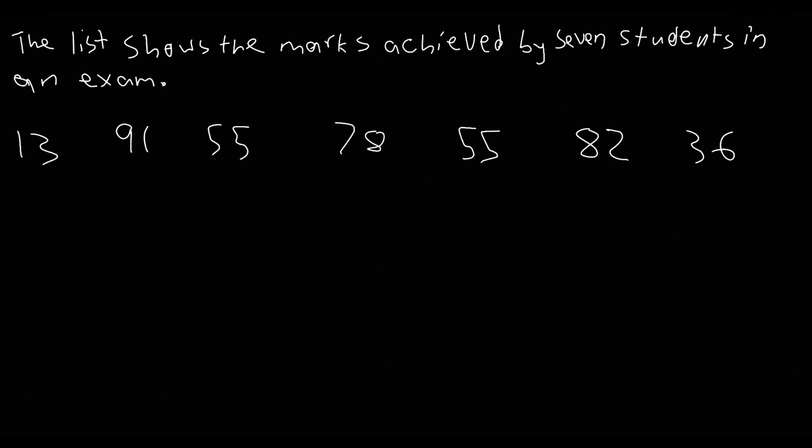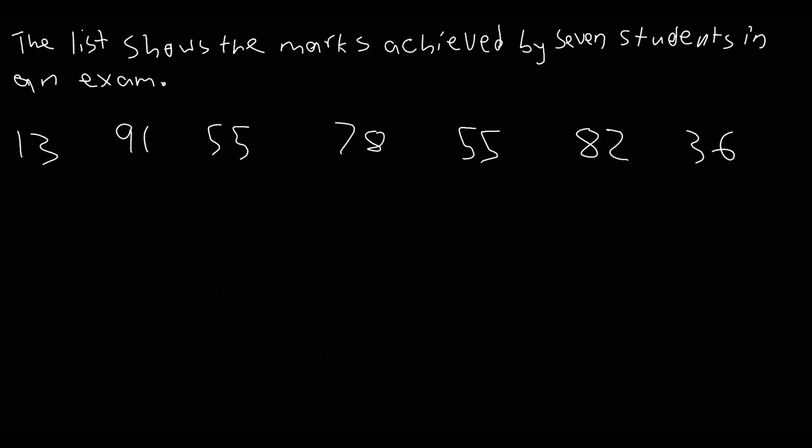Before we move on to every type of average and how to apply them to datasets, the first thing I would recommend is, if your small dataset isn't in numerical order, I would highly recommend rewriting it in numerical order, as it is a major help to finding each type of average. So let me rewrite this dataset in numerical order.